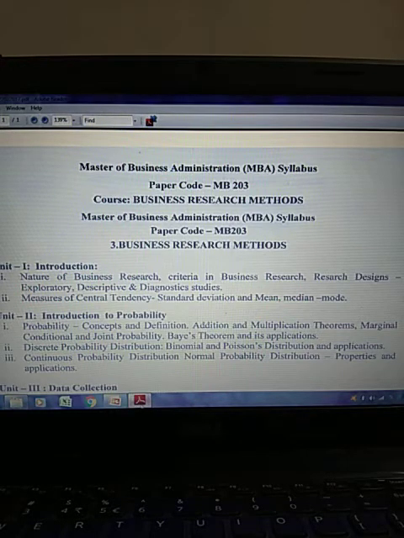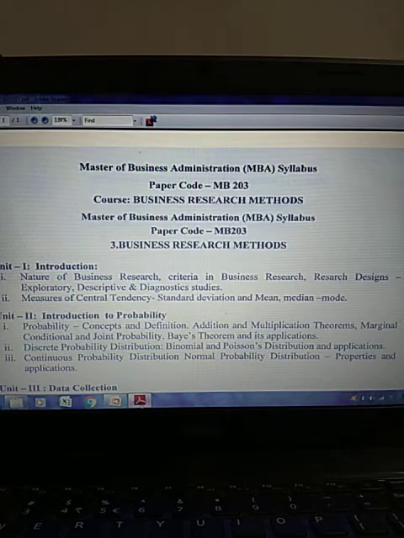Measures of central tendency is nothing but the mean, and the various types of mean. One more name for the mean is averages. Also measures of dispersion, under which we understand standard deviation, median, mode, all this information.